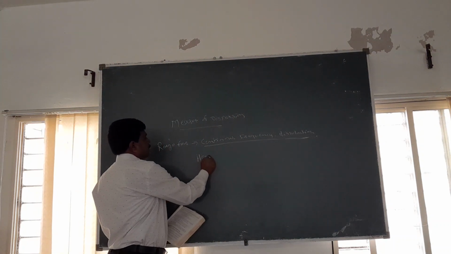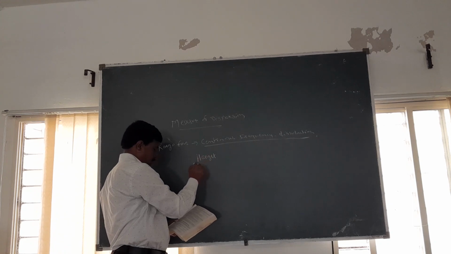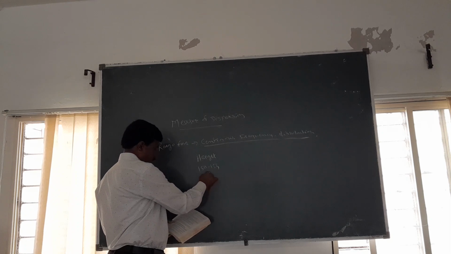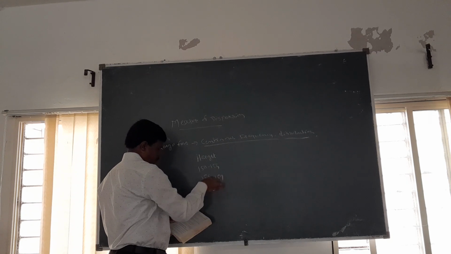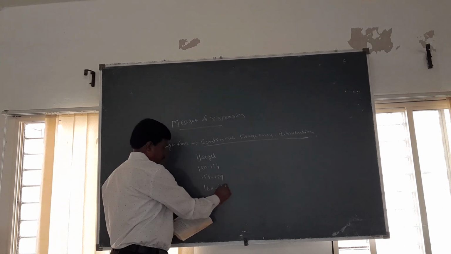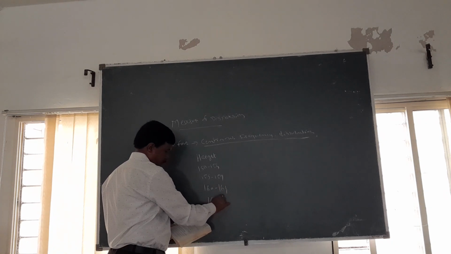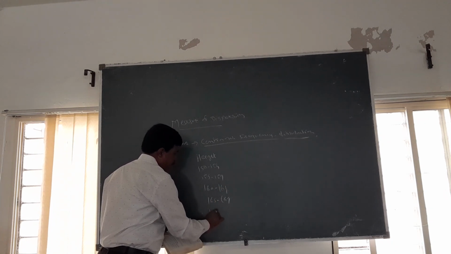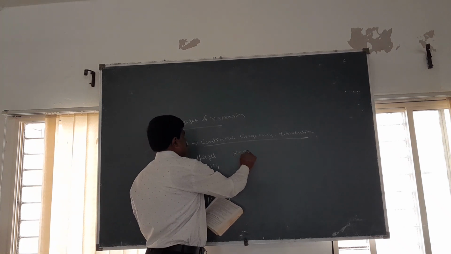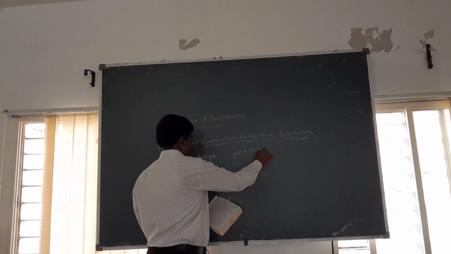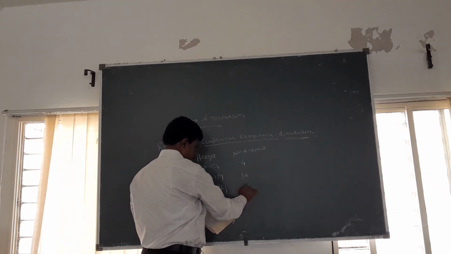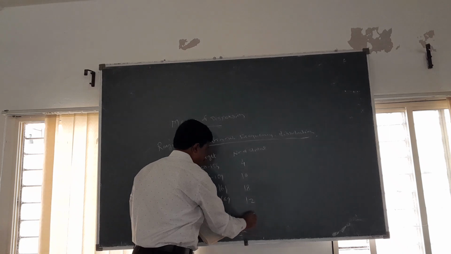The variable is height, with class intervals 150 to 154, 155 to 159, 160 to 164, 165 to 169, and 170 to 174, and the number of students is 4, 10, 18, 12, and 6.